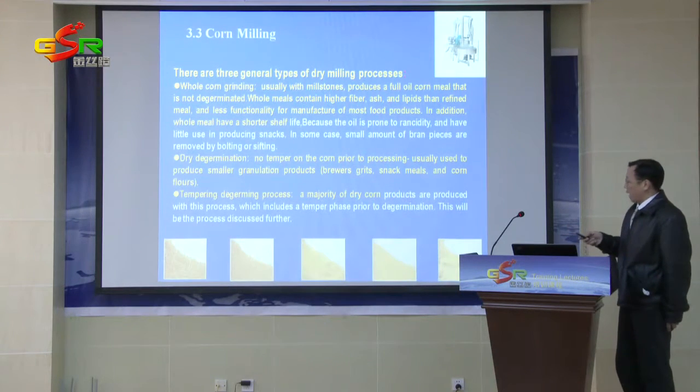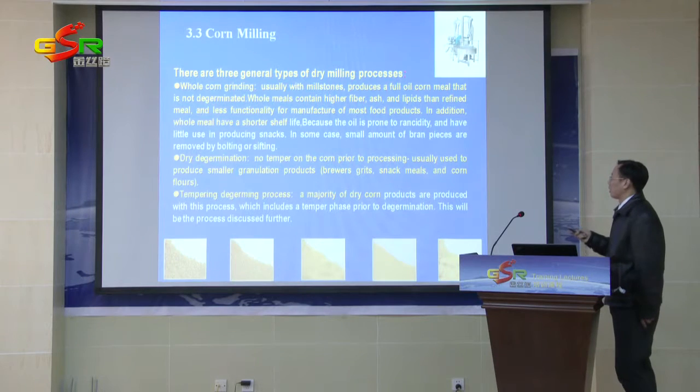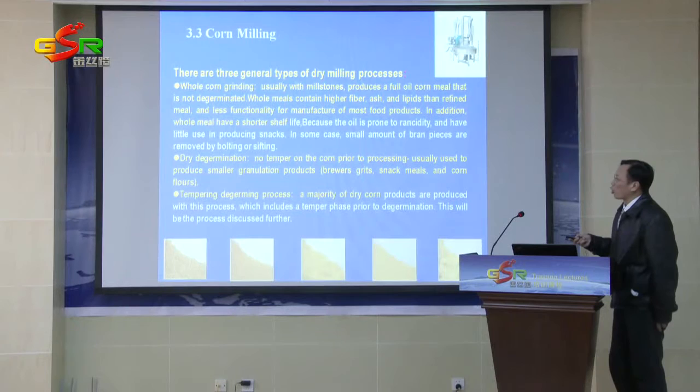And the second dry milling of the corn is dry degermination processing, and in this process, no tempering of the corn prior to the process, usually used to produce smaller granulation products.